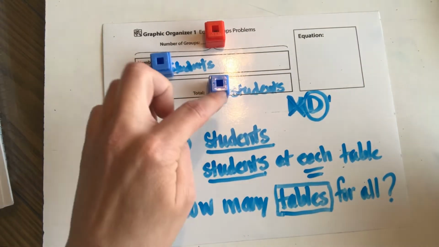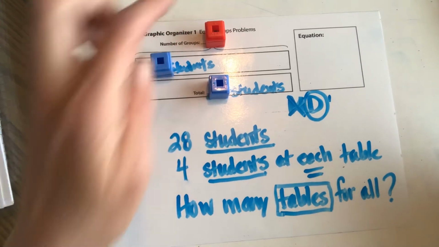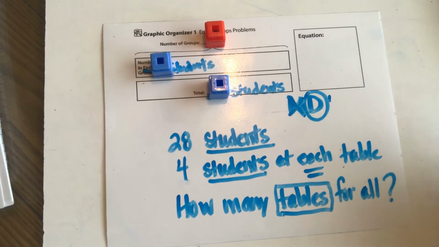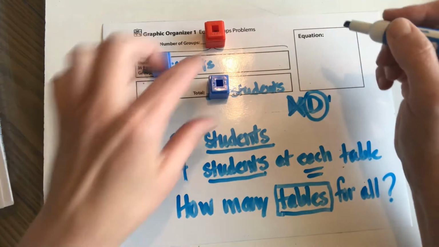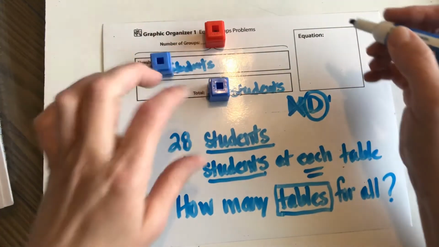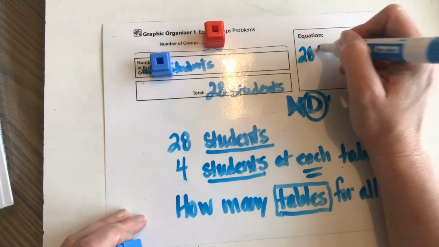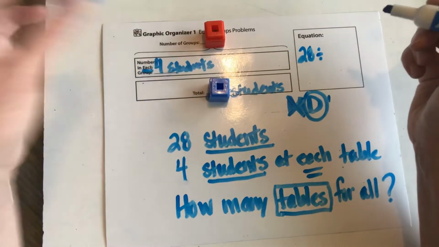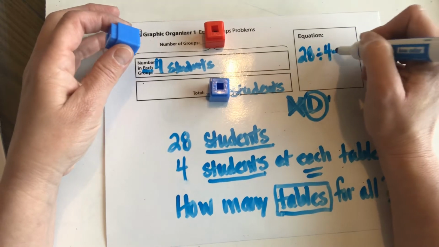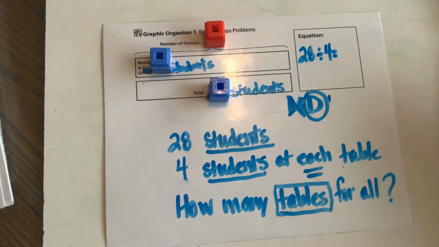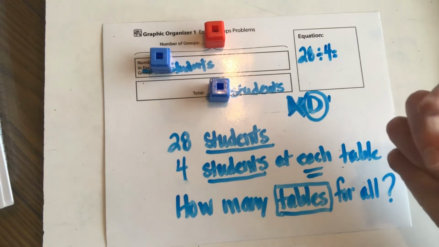I'm not looking for the total number of students. I'm looking for how many tables do I need for all. So I'm going to take the whole, which is 28. It comes first. And I'm going to divide it by the 4 students at each table, and that's going to help me decide how many tables I need.